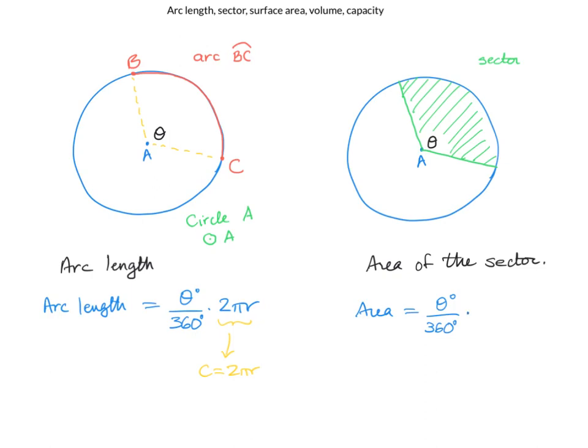And then I multiply that by the area of the entire circle, which is pi r squared. So I take the fraction of the circle, theta over 360, and then multiply by the area of the whole circle to get the area of the sector.